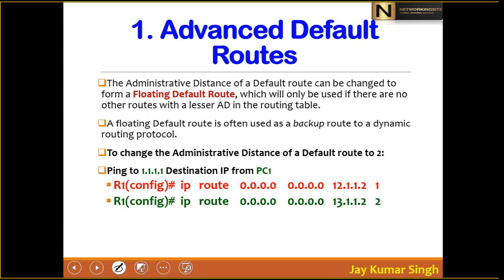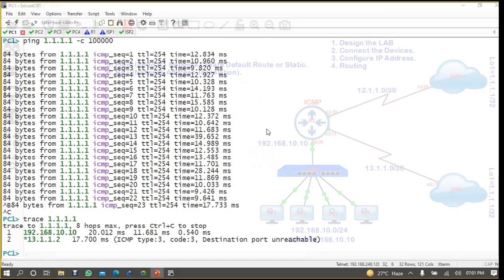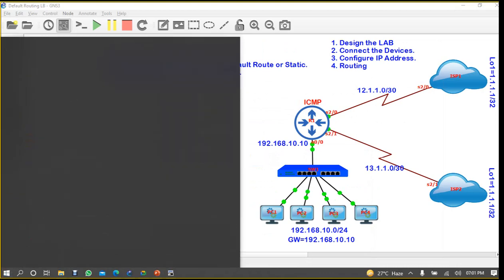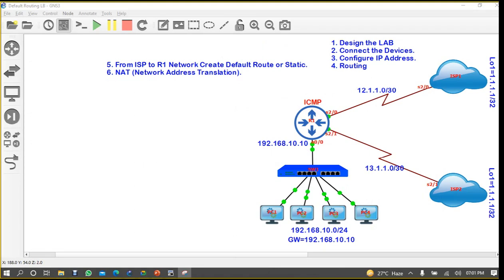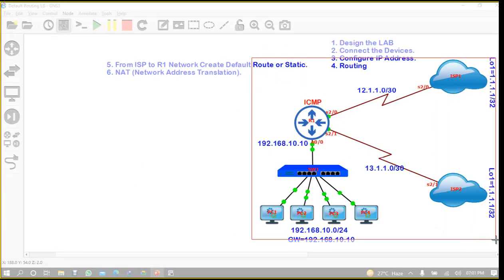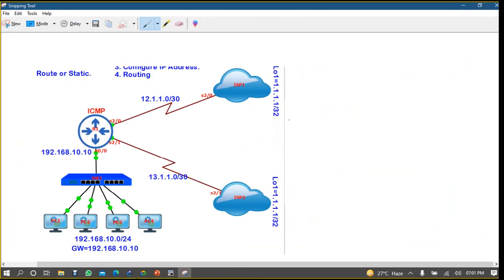Now, advanced default route. Advanced default route means we will work on floating default route. Let me explain what floating is. Floating default route means by default your lab is doing load balancing.